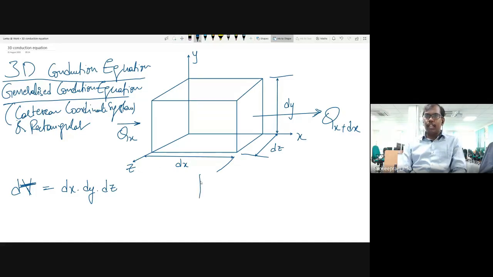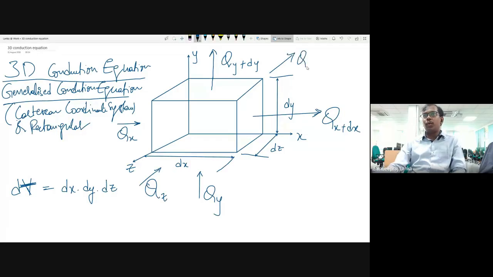So this is y that is entering in the yz plane as Qy, and it is leaving on the other side of the plane as Qy plus dy. And now in this direction, at this plane, that is your xy plane, Qz is entering. On the other side of it, Qz plus dz is coming out.